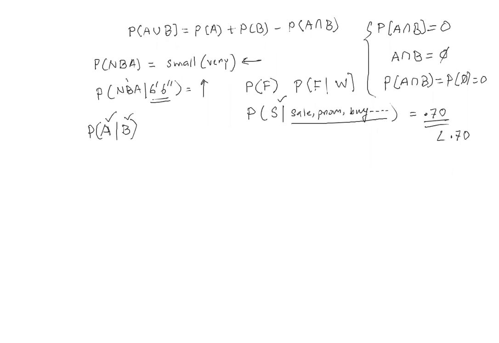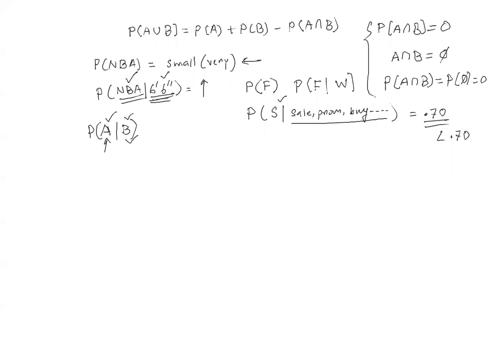What is the probability of somebody playing in the NBA, given that we found out that the person is over 6 feet 6 inches tall, or over 6.5 feet tall? Given this information, the probability of playing in the NBA changes. There are many, many real world scenarios where, given a certain condition, the probability of the event we are looking for changes in a meaningful way. So conditional probability is very important for us to study.